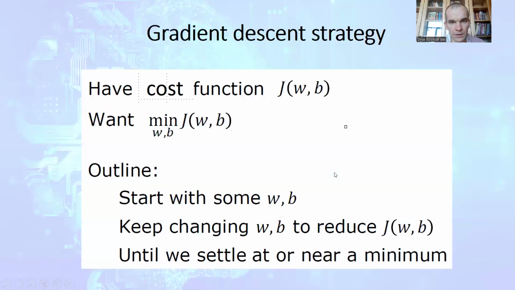Just final remarks. To summarize the gradient descent strategy, we start with some initial approximation for vector W and intercept B. We update them at every step, which as expected must reduce the cost function, until we get the minimum point. For example, the norm of gradient is now below some threshold, or maybe the values of cost function between adjacent iterations are very similar.